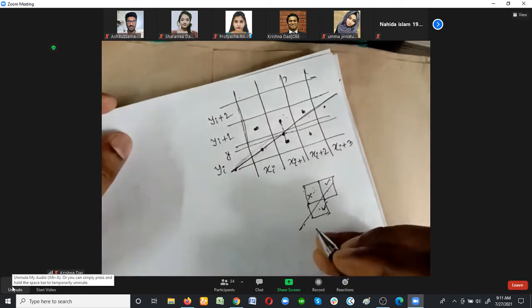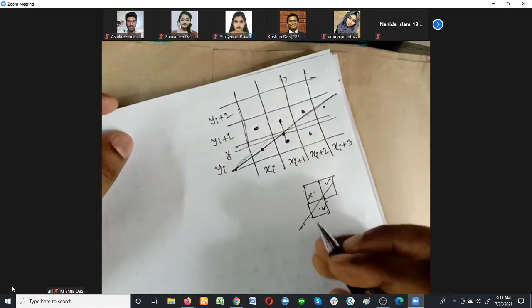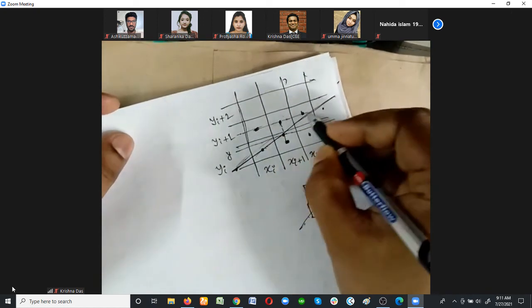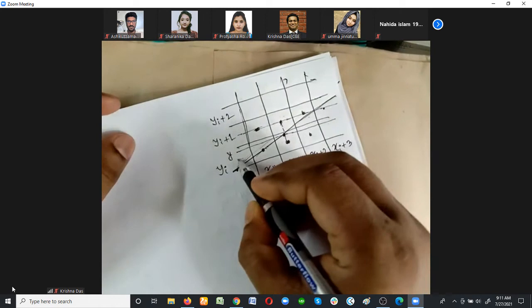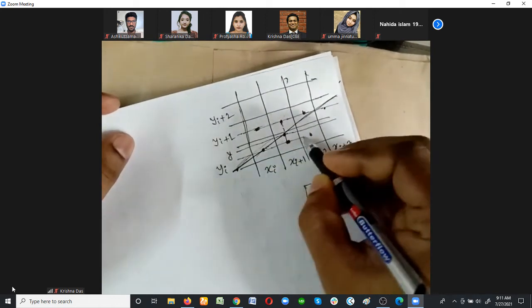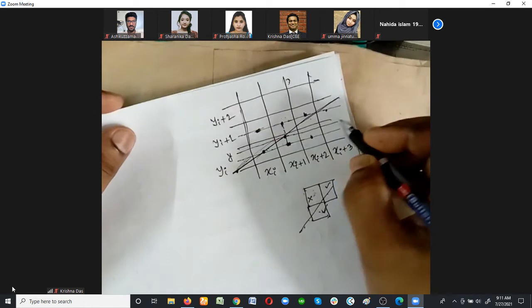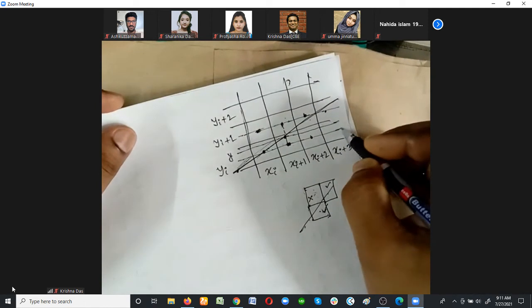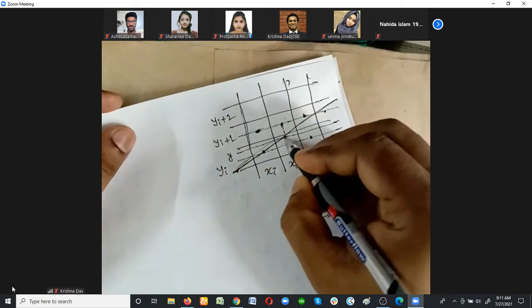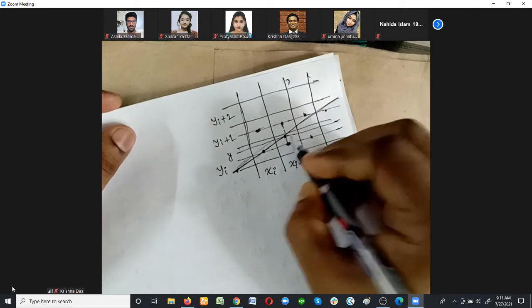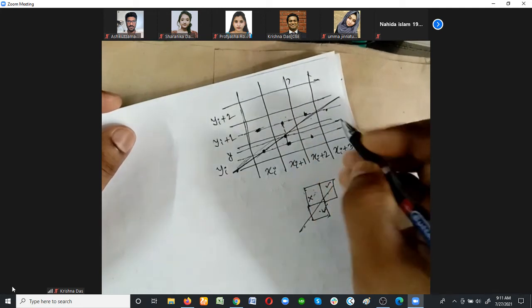Good. Then the distance, if we join that line of this one, and if we join that line of this one, you can see that these are my two distances, right? From that line to this pixel, this is the distance.